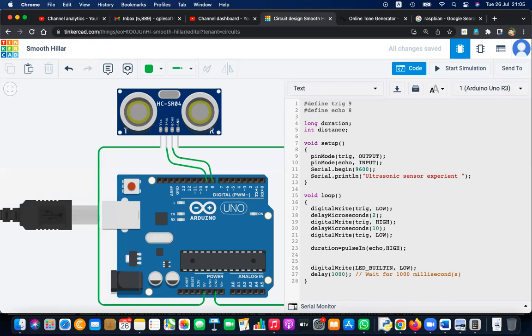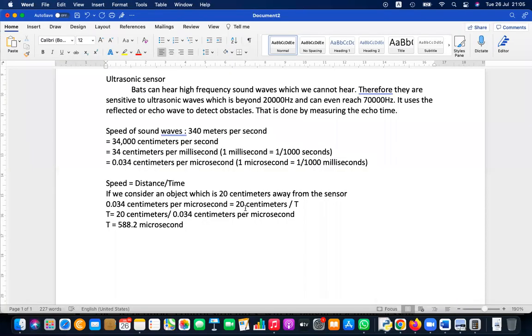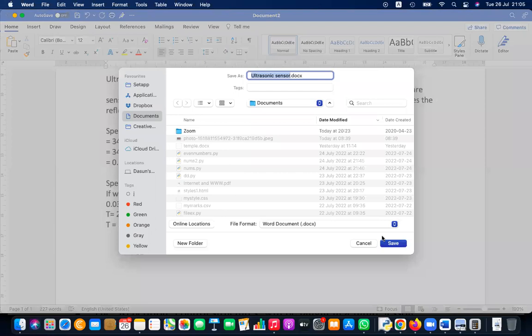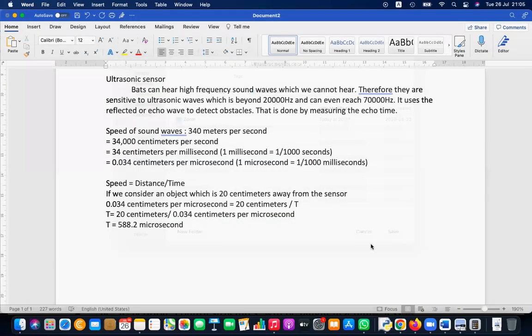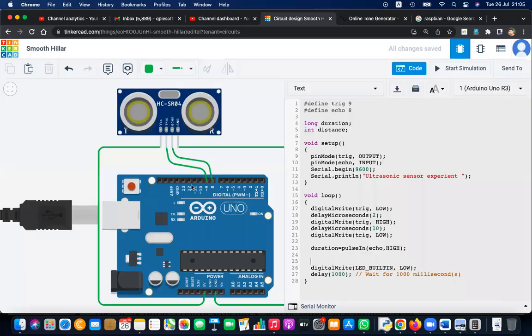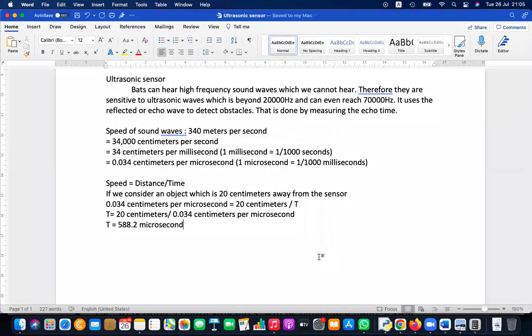So now the calculation that we have learned here. The calculation related to the ultrasonic sensor: you know the equation, speed is equal to distance divided by time. Then you can find the distance. So how can you find the distance?